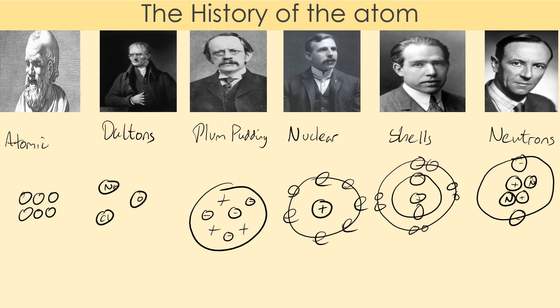And this is important because it shows us how scientists make those discoveries. They've all had to build on the ideas of people that have come before them. James Chadwick, right at the end, couldn't have come up with his idea of neutrons or discovered the neutrons without all of these people working before him.